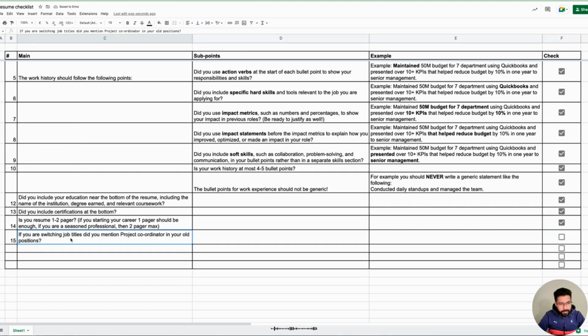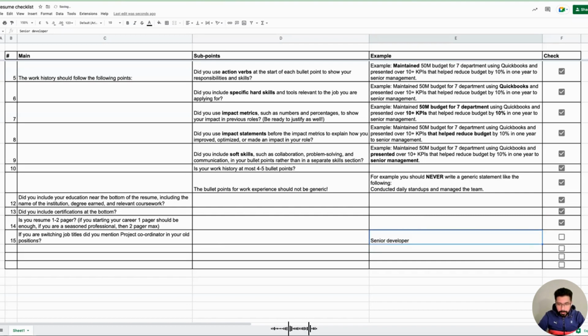And if you're switching job titles, this is a very specific point for people who are changing jobs. An example of that would be you were working as, let's say, a senior developer, right?